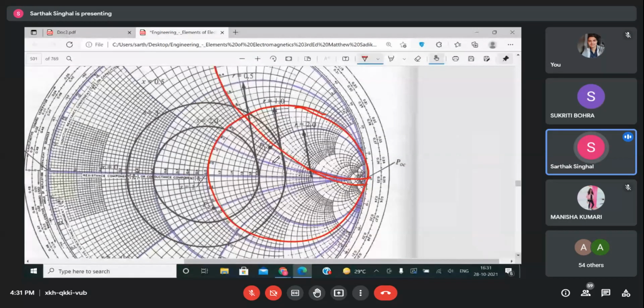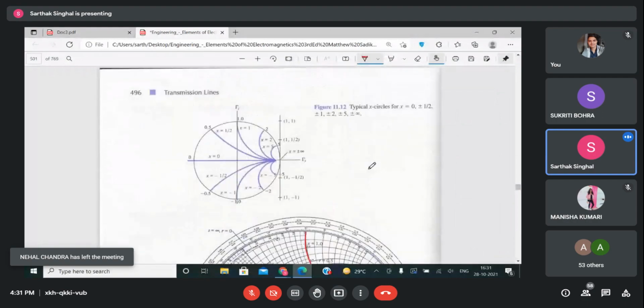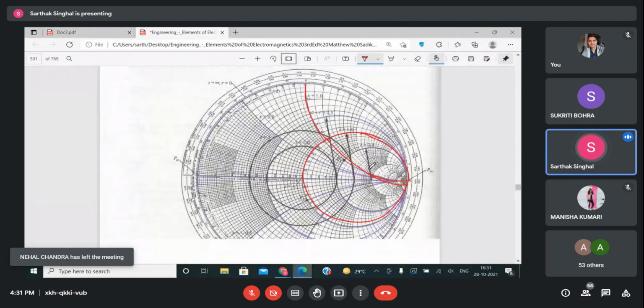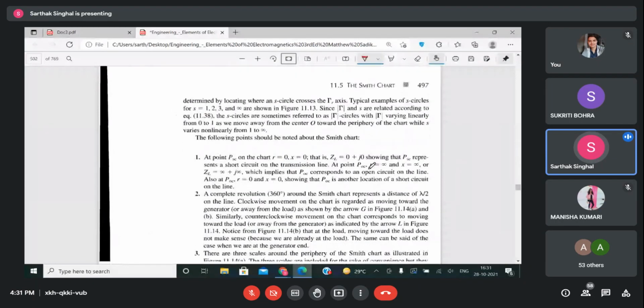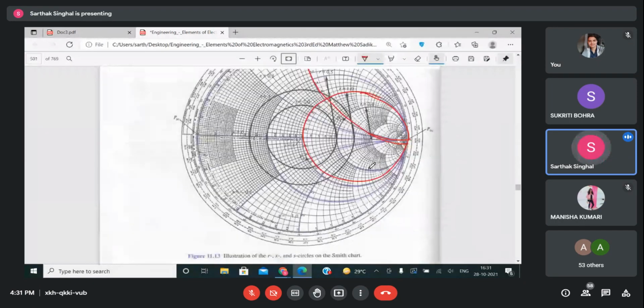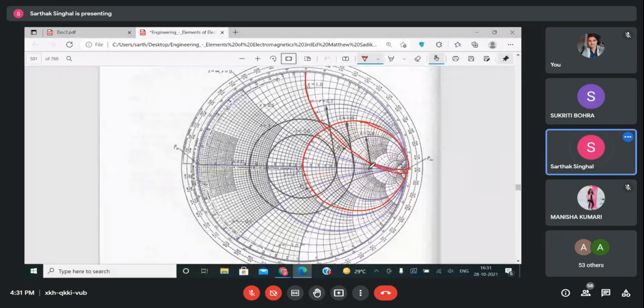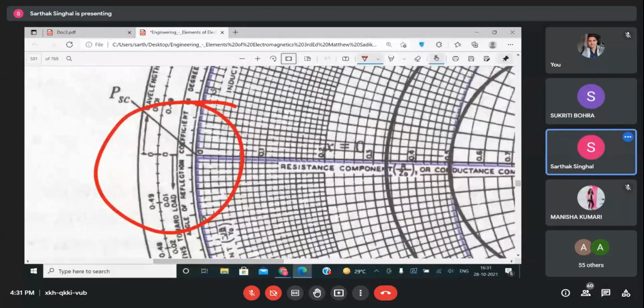Right. So on this, let's solve one question. Before that, let me tell you a few things. On the left hand side, the ending point is the short circuited point, because at this point your resistive part will be 0.